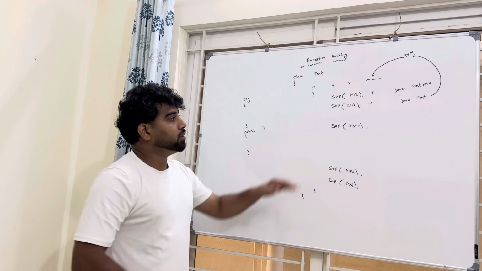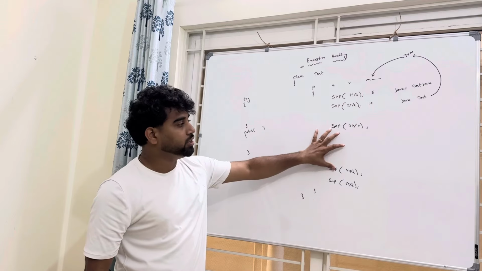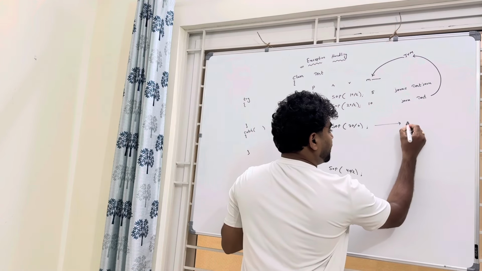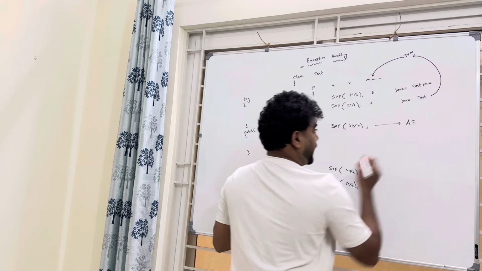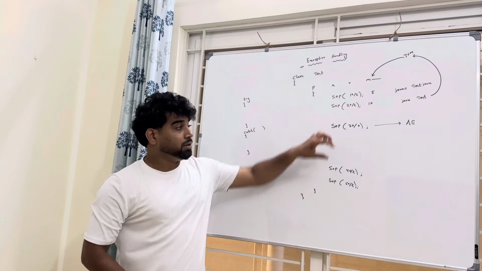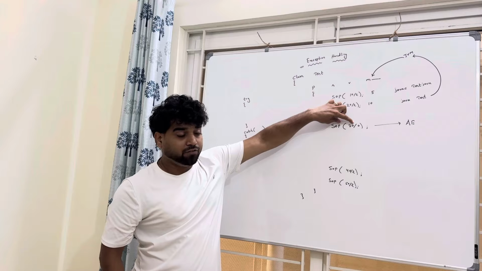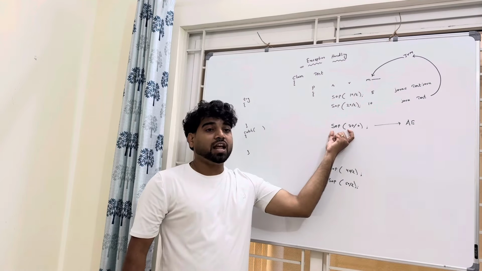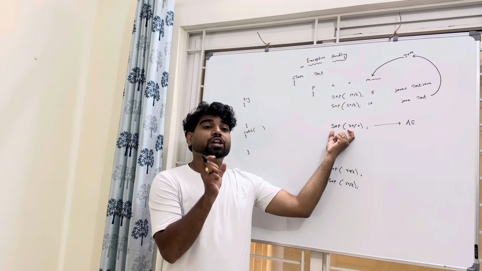If I write this piece of code, at this particular point you will face an arithmetic exception. So because of this line of code you are facing the exception, which means this line of code is your risky code.